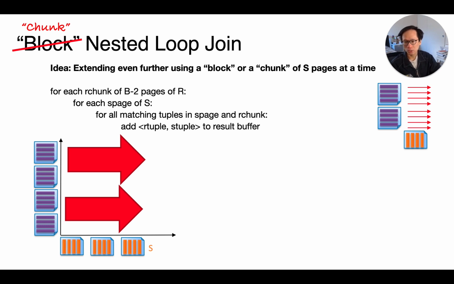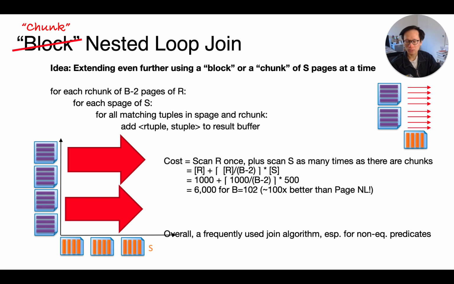In essence, we are traversing the plan space now one chunk at a time across S, instead of one page at a time across S. So what about the cost? Well, now the cost is bracket R to scan R as before, plus the ceiling of bracket R divided by B-2, which is the number of these fat arrows, otherwise known as the number of chunk partitions of R, times bracket S, which in this case is 1000 plus 1000 over B-2 ceiling times 500.